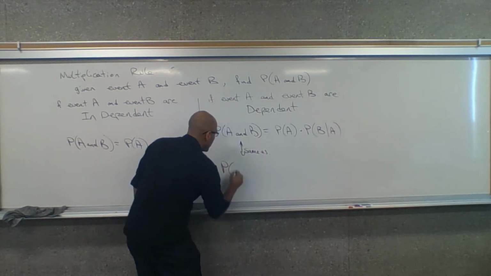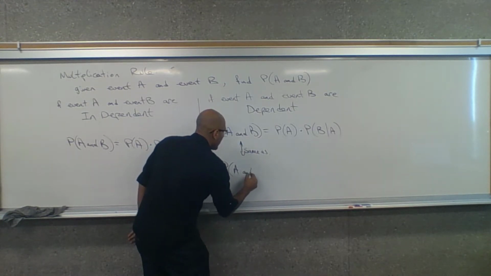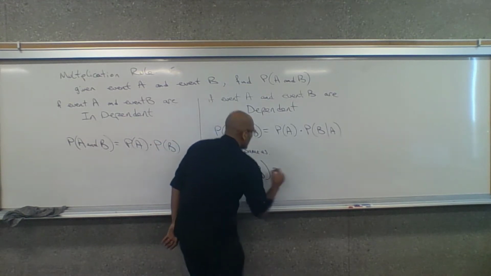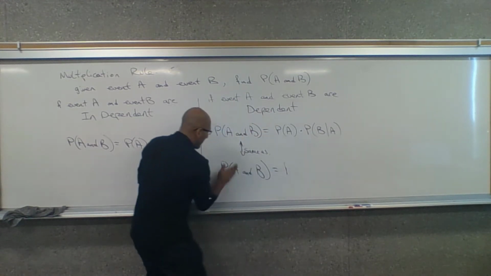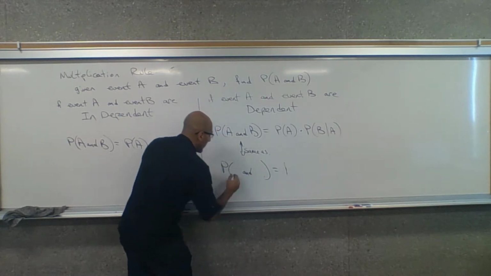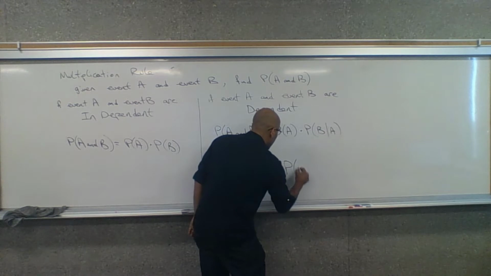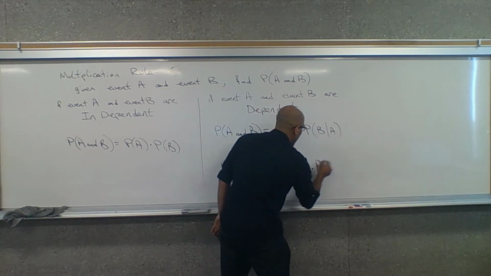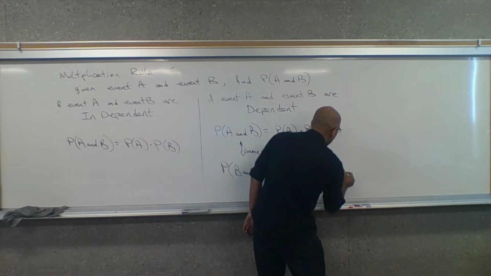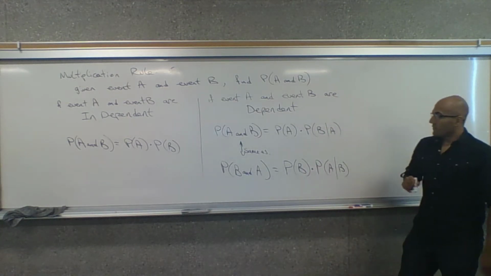So the probability of A and B is equal to the probability of B and A, flipping them around. So this is equal to the probability of B times the probability of A given that B has occurred. Okay.